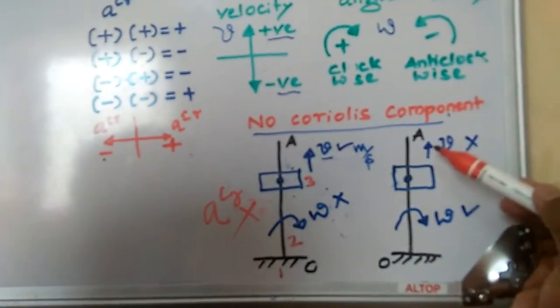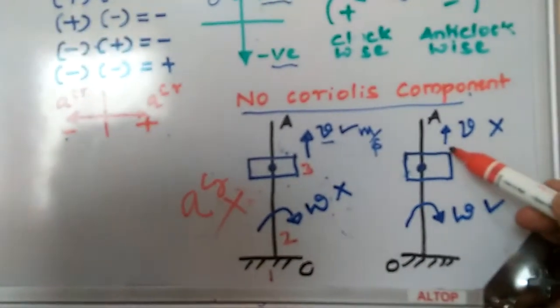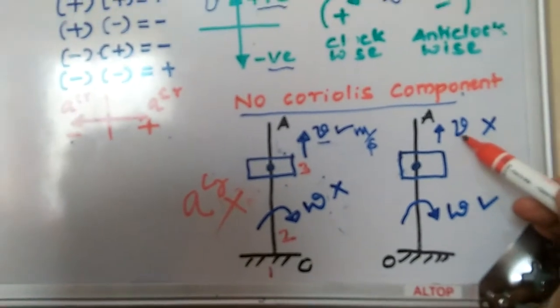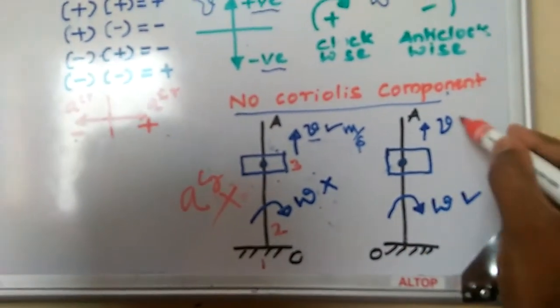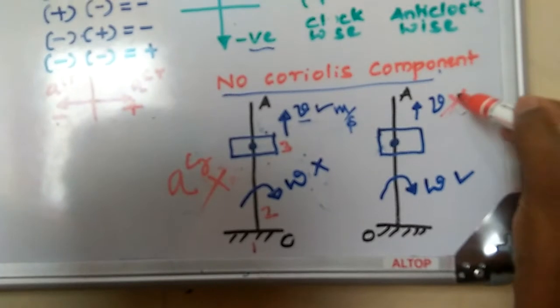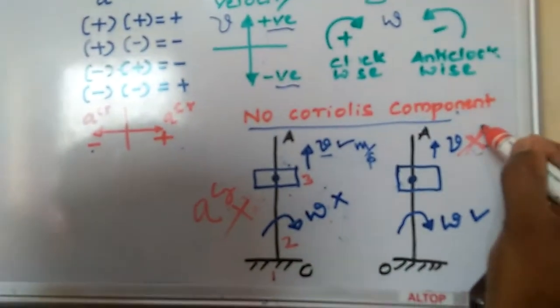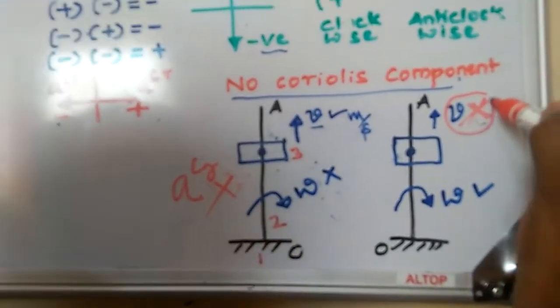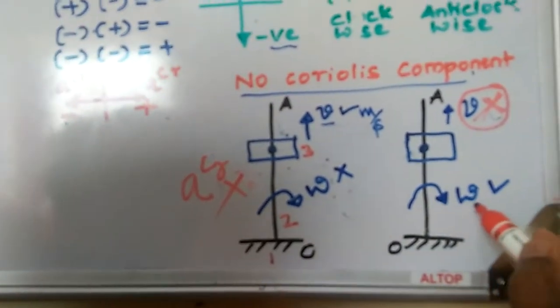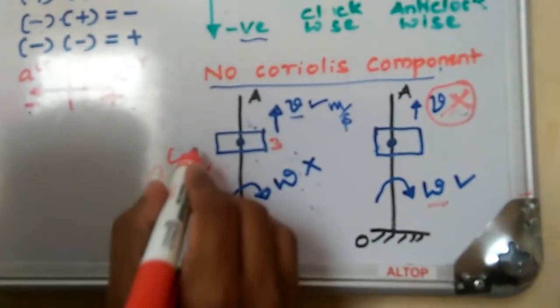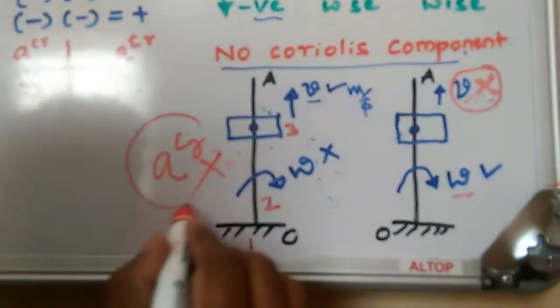In the second case, look at this one. There is no velocity; I have taken a cancel, a multiplication sign, meaning linear velocity is not there, but angular velocity is there. In this case also you will not find the Coriolis component.